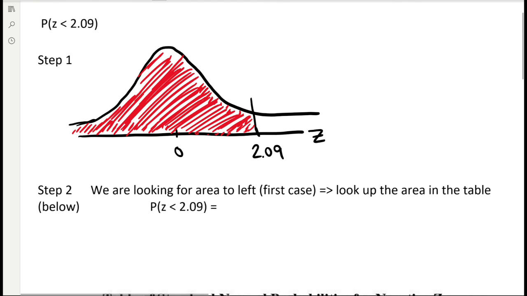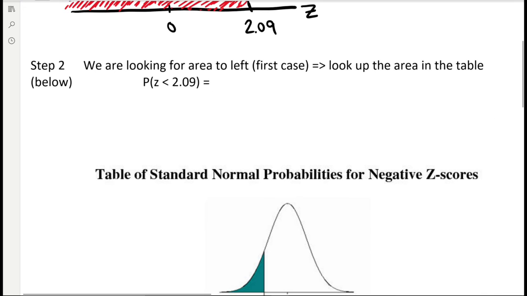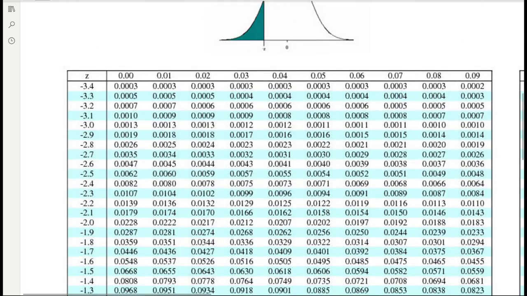Since we want the area to the left, this is the first case in the steps mentioned in the previous slide. So we want to look up the area in the z table, and that will be our answer for this question. We want to look up the area to the left of 2.09.